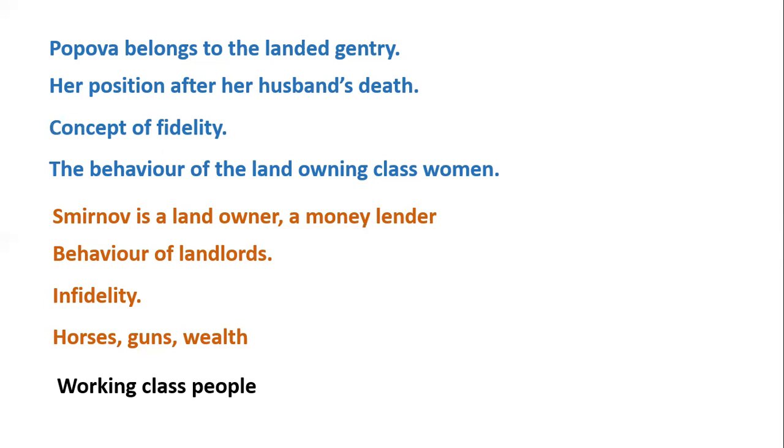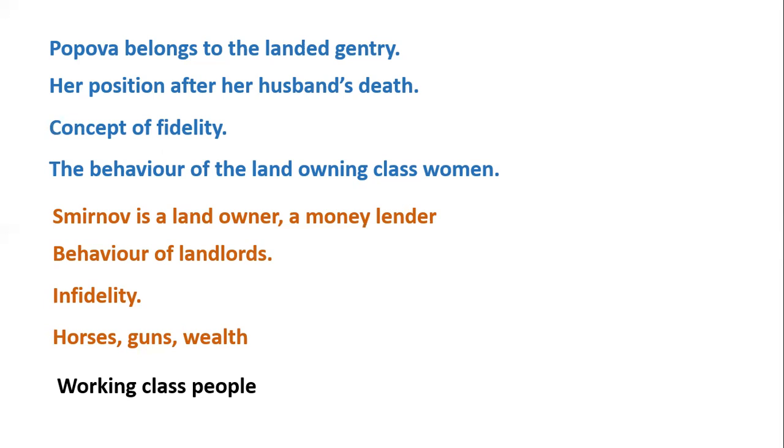There, Anton Chekhov brings the behavior of landlords. Landlords also had to engage in business in this transitory period. Why? They wanted to earn more because they spent luxurious lives. They wanted more money. So because of these business deals, the landlords lost their respect.